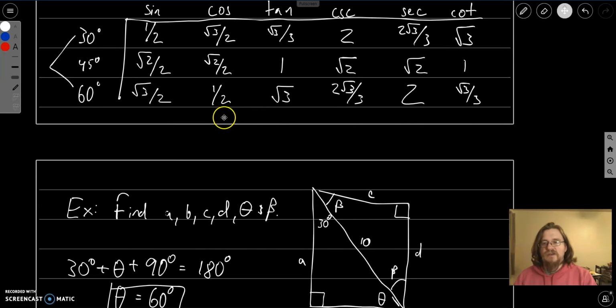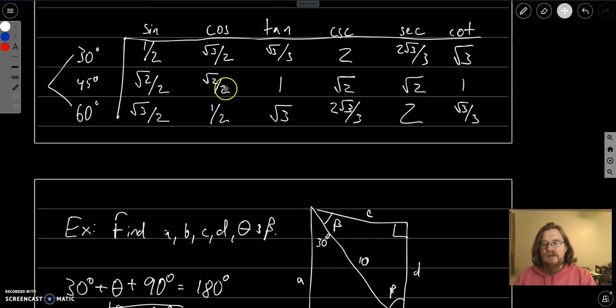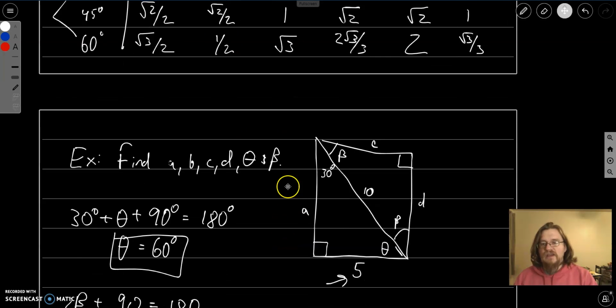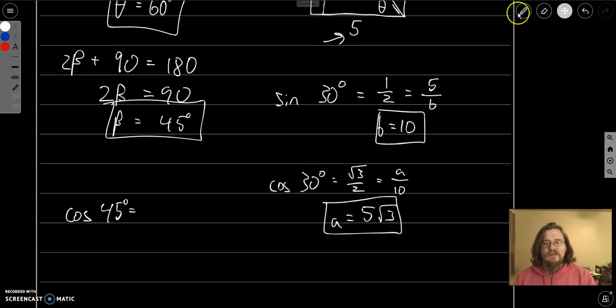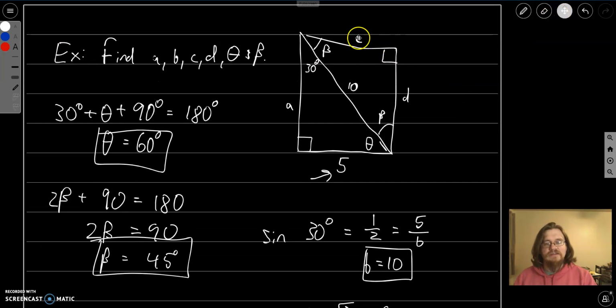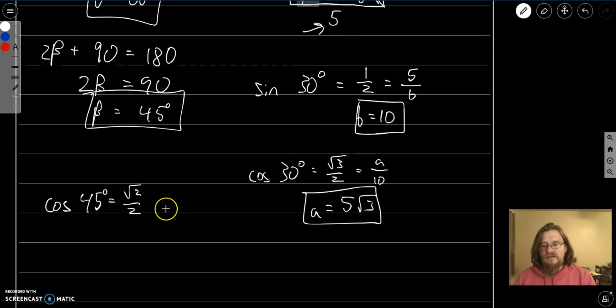But we also know that the cosine of a 45-degree angle is root 2 over 2. And that's going to be the same thing as adjacent divided by hypotenuse. And again, if I multiply both of these by 10, we'll see that C is going to be 5 root 2.